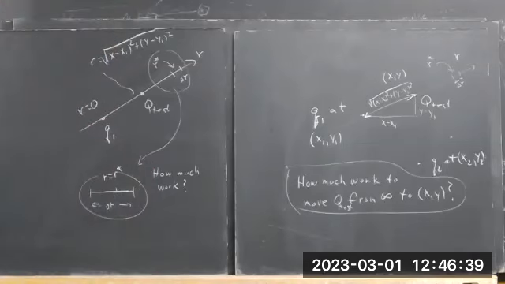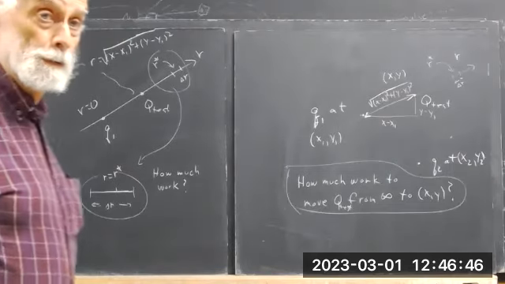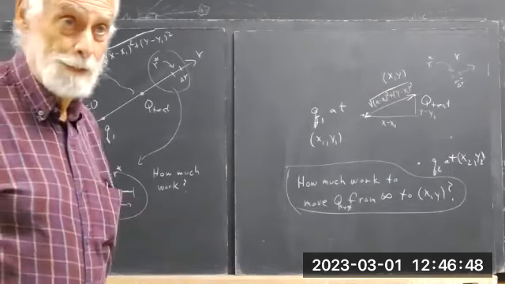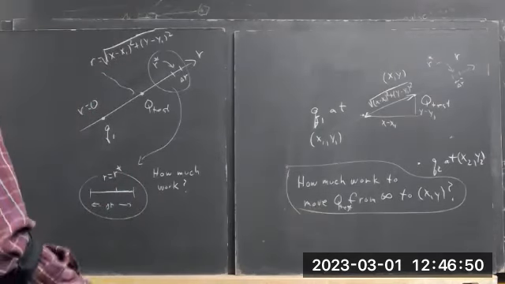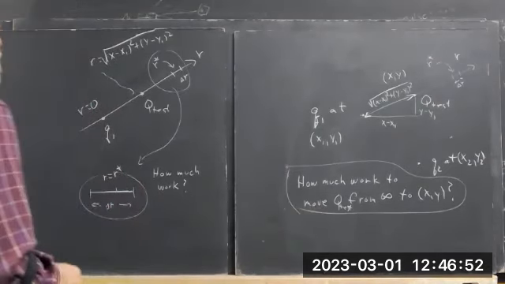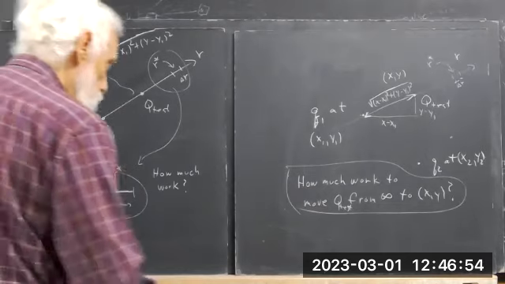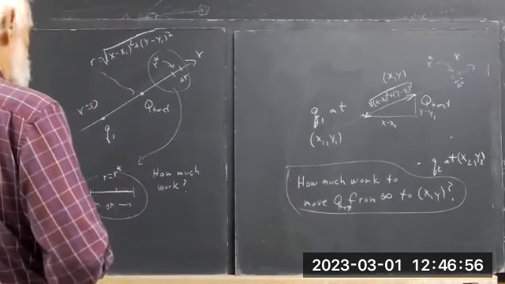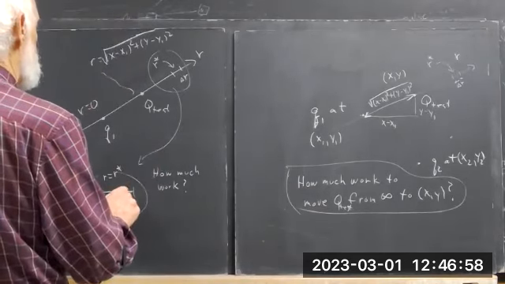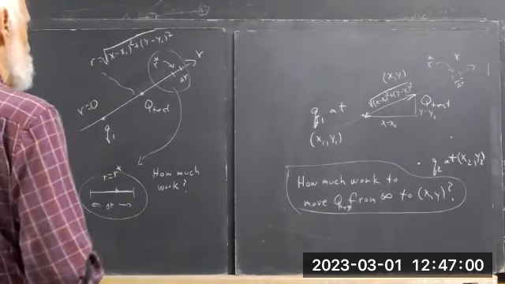How much work? You need to find work: force, distance, force times displacement. It's all going to be along the same line. So there's a force here. Imagine that Q test is right here.